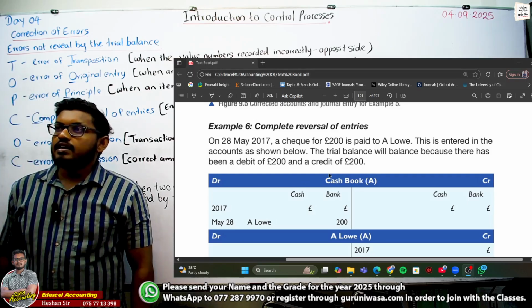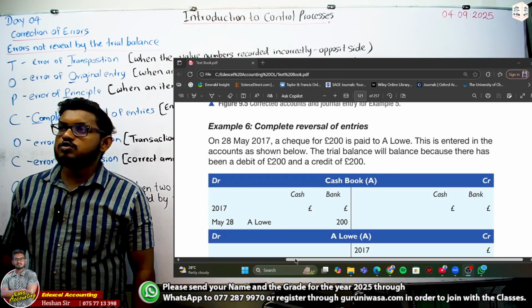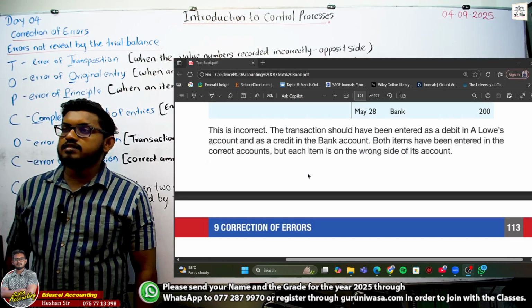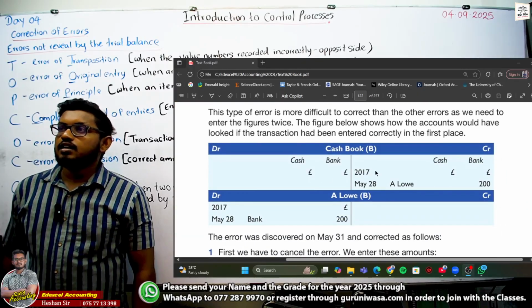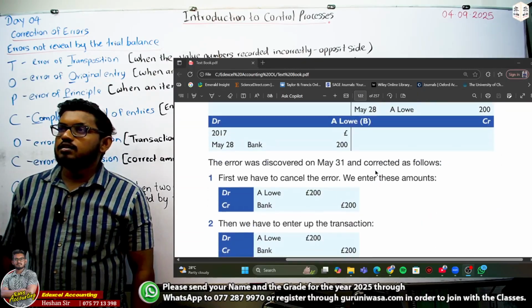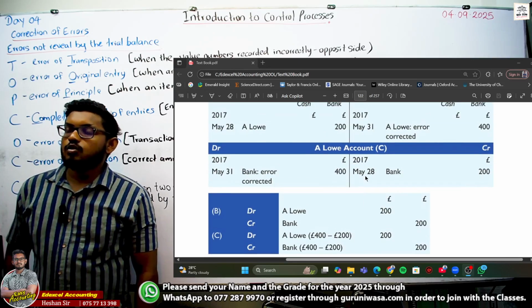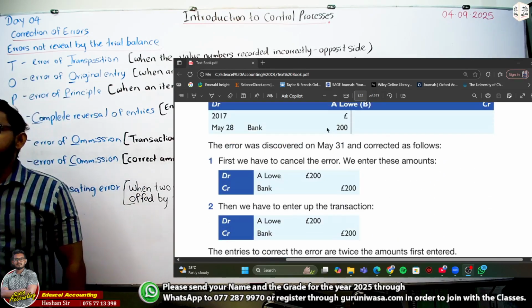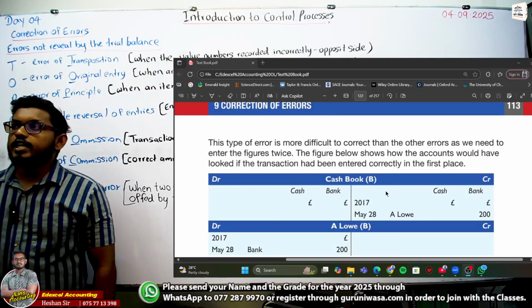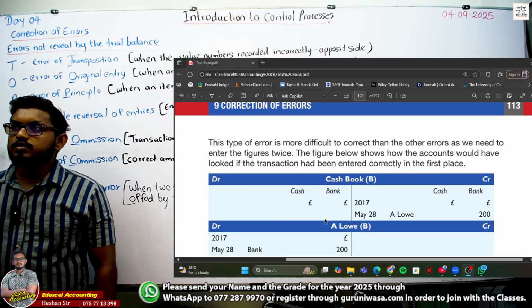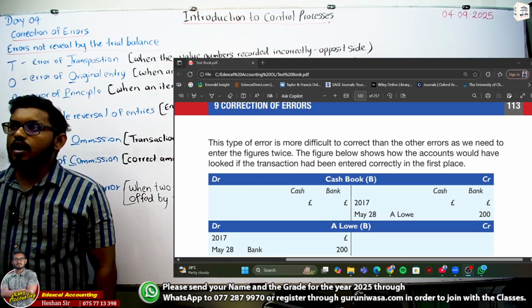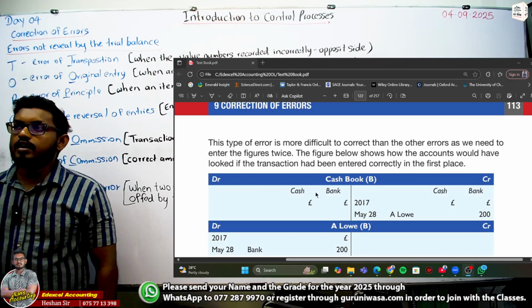When we pay, cash book should be credited and AO should be debited, but we recorded on the other side. To correct it, we need to record 400. Why? We need to debit 400 to here. Once we debit 400, this 200 will cut off and another 200 will remain in here. Now the correct sides are these two, what we recorded was these two.